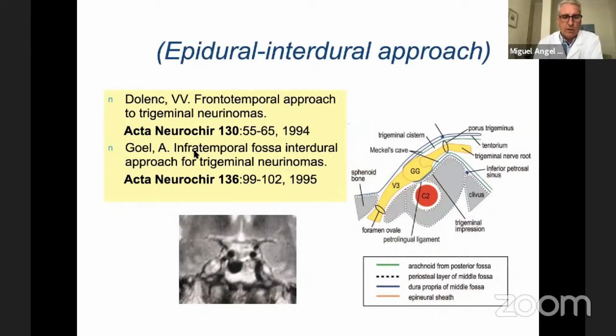We can show this very important paper published in 1995, infratemporal fossa interdural approach, that is one of the best, showing this interdural way of exposing and removing trigeminal neurinoma, and Atul Goel just showed us many examples. In any way, many different references to one single concept, that is the extradural approach.